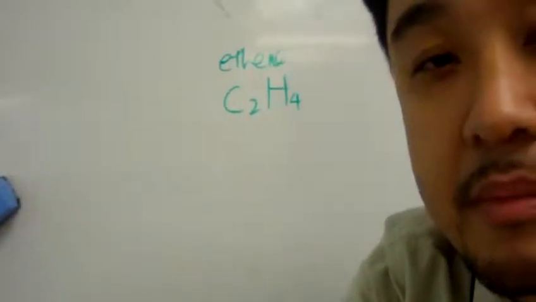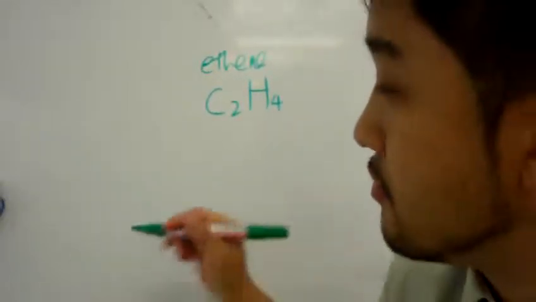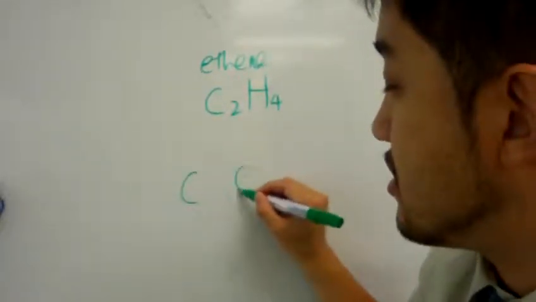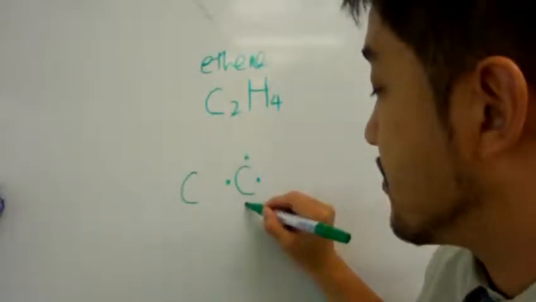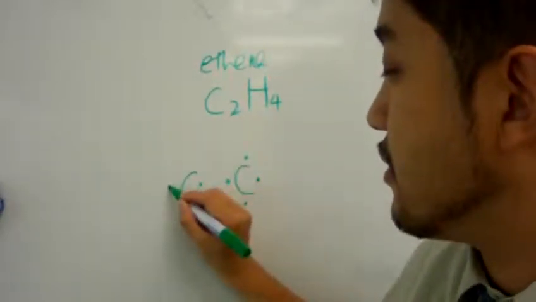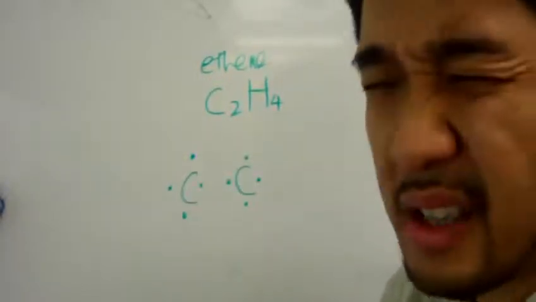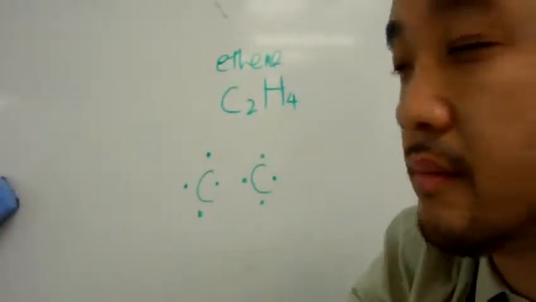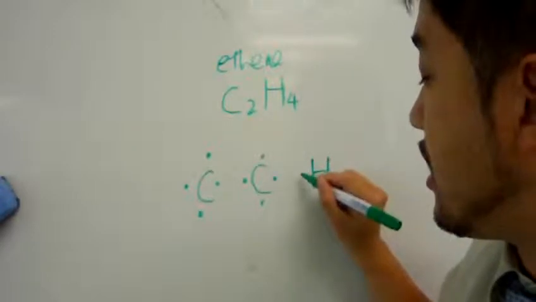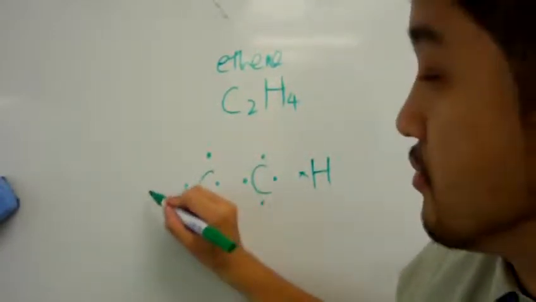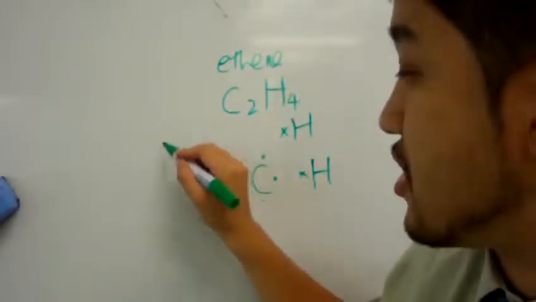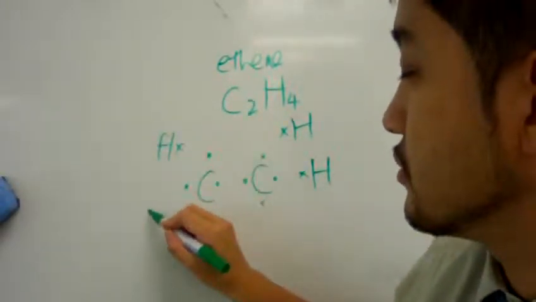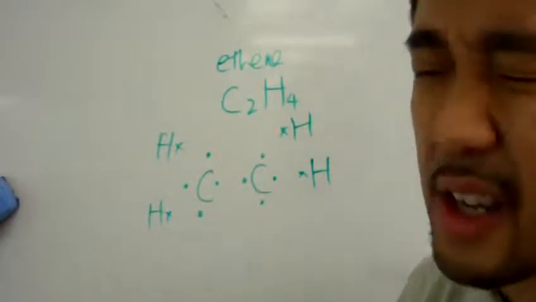So carbon has 4 valence electrons each, and each hydrogen has 1 valence electron.